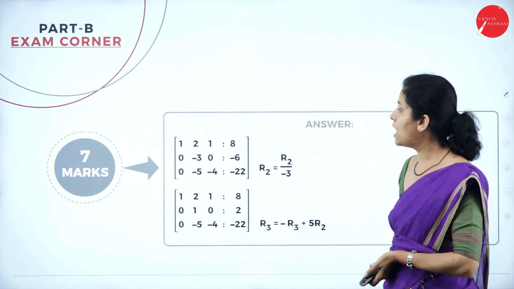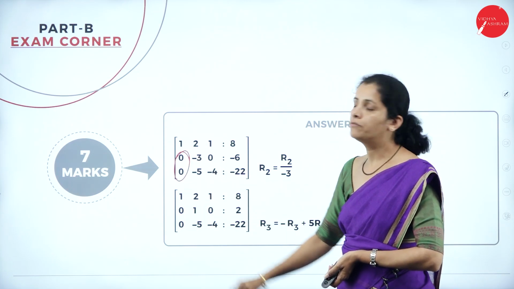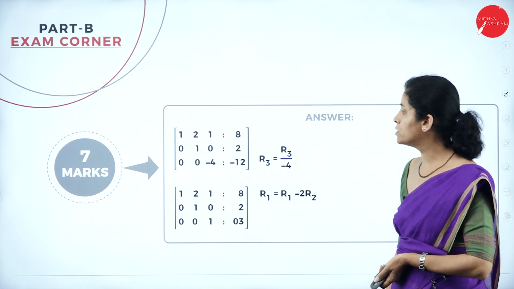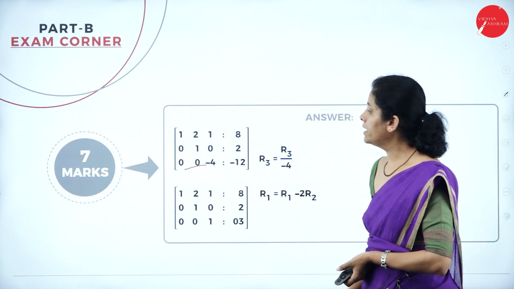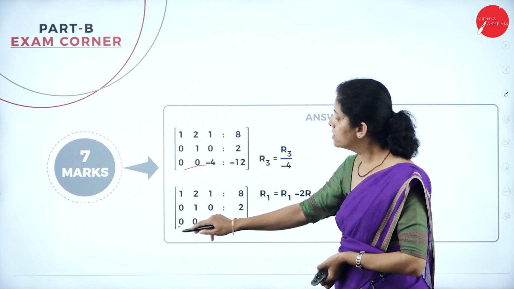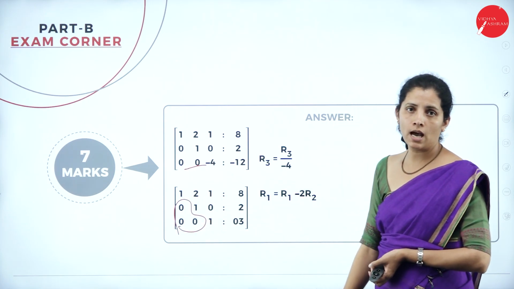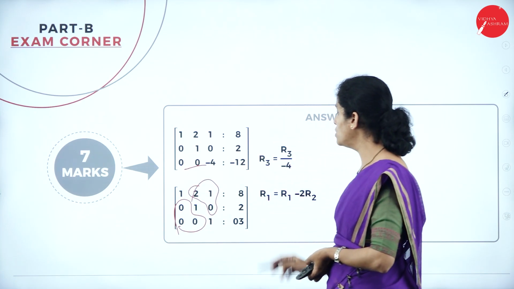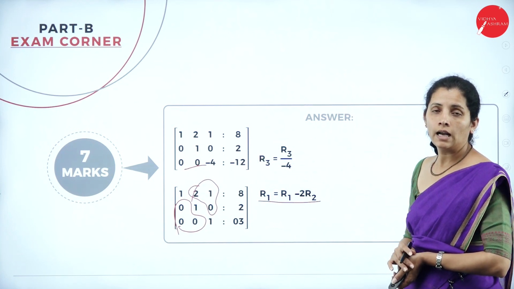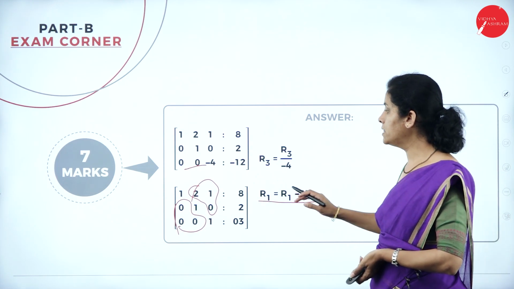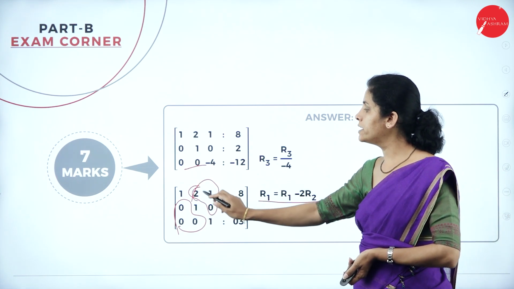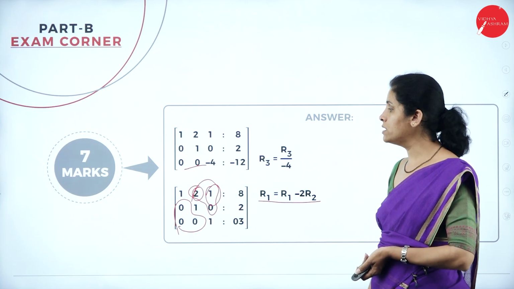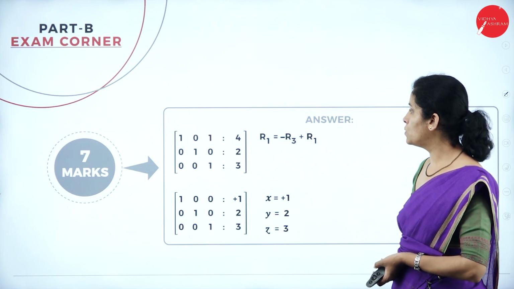Okay, once I made the first column 0, then I want to make this element 0. See, okay, now all my lower triangle values are 0. Now I want to make these three values 0. Now I want to construct the formula in such a way that I just want to change 2 and 1. In the sense, I want to make 2 to 0 and 1 to 0.